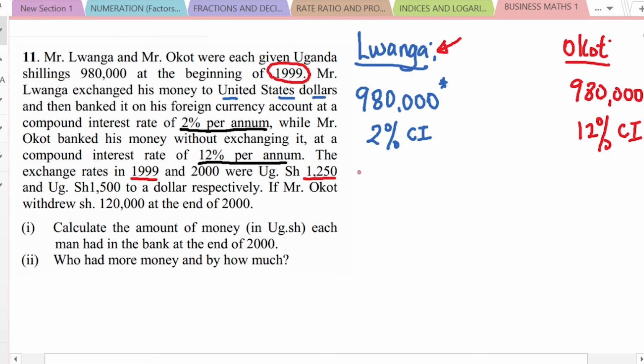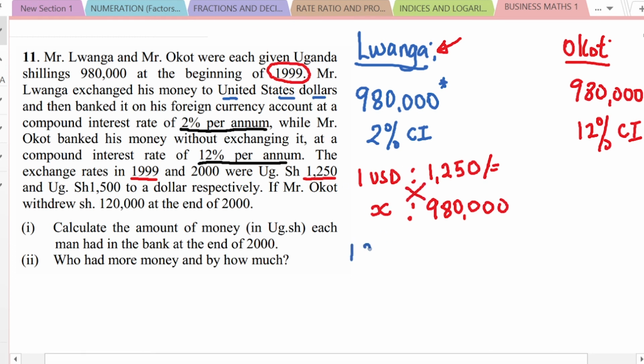We know that in 1999, 1 US dollar was equivalent to 1,250 Uganda shillings. So how much will the 980,000 he banked be in US dollars?